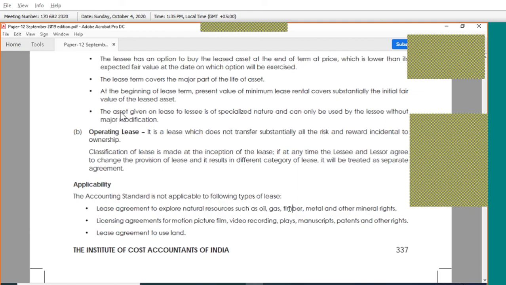In simple language, when the risk and reward of the particular asset is transferred from lessor to lessee, then that lease agreement is called finance lease. I'm explaining what is finance lease. If risk and reward is not transferred to the lessee, the user, then it is called operating lease.